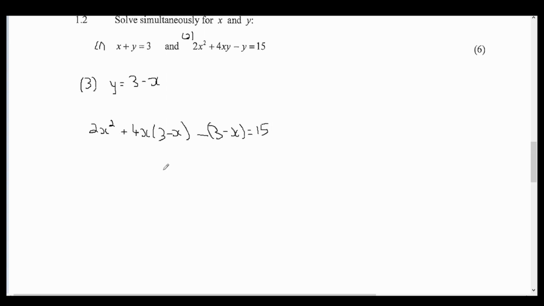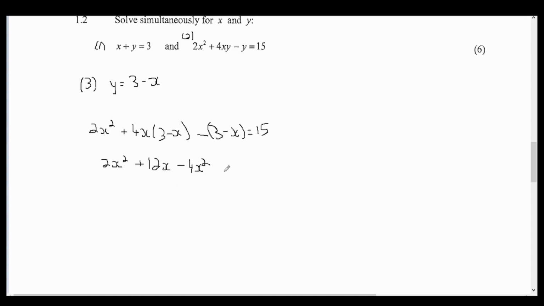And then we will just simplify, multiply out our terms. So we have 2x squared, and then we multiply this out. So this becomes 4 times 3 is 12x, and then we multiply the same term with the minus x, so it becomes minus 4x squared, and that's it.